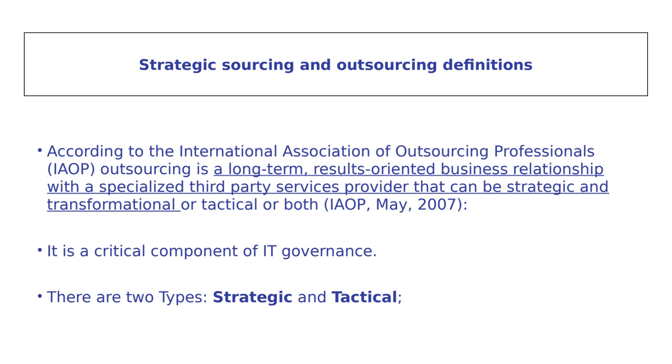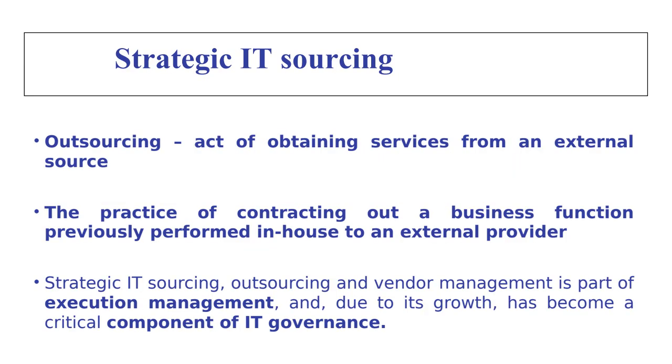We have different types of outsourcing. We already mentioned strategic, which is long-term, more than 1 year, or tactical. Strategic outsourcing is the act of obtaining services from an external source. Here is the definition specifically for IT: the practice of contracting out a business function previously performed in-house to an external provider.